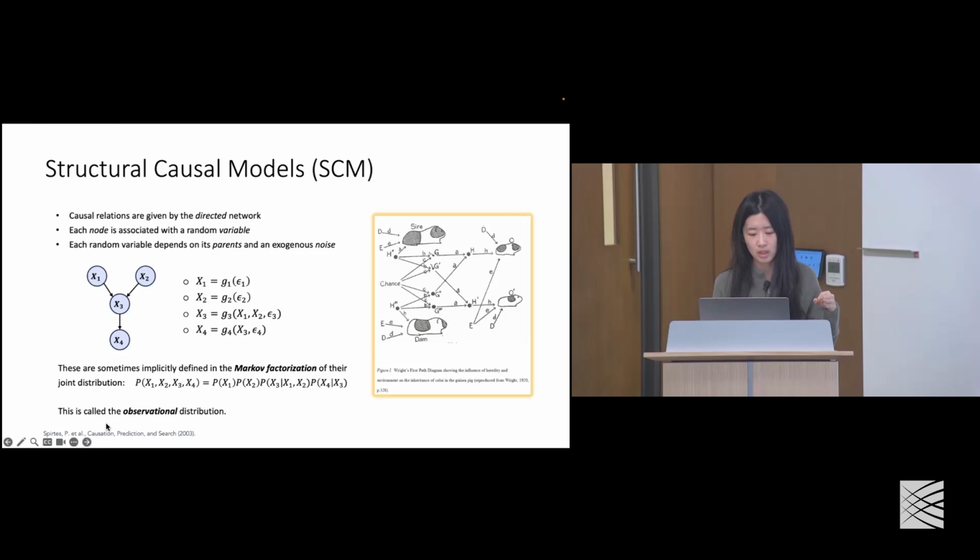If you contrast this factorization versus this system of equations, then x1 equals G1 of epsilon 1 is summarized in P of x1, and x3 equals G3 of x1, x2, epsilon 3 is summarized in P of x3 given x1 and x2. I also want to point out that this is defining the observational distribution, or sometimes we call it control, which means basically the system of variables that hasn't been perturbed or intervened.